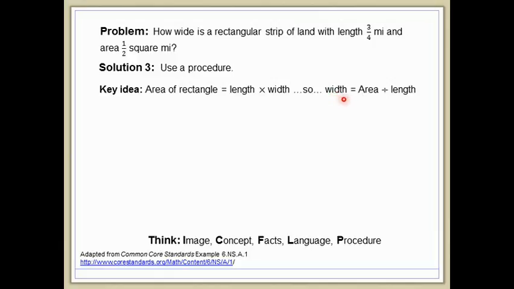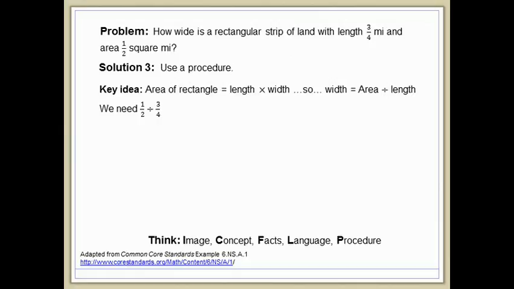We also know that width then is area divided by length. That's the inverse of multiplication. So this is the formulation that we will use, and once we identify that, we know that we need 1/2, which is our area, divided by 3/4, which is our length.